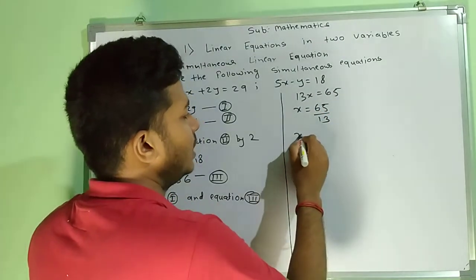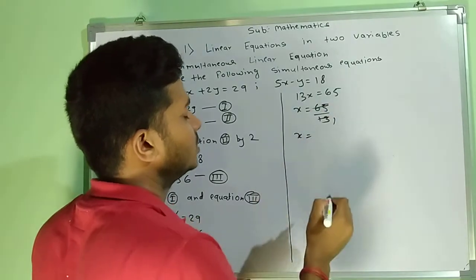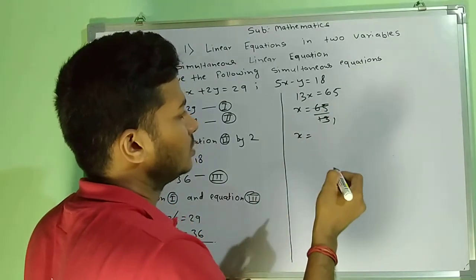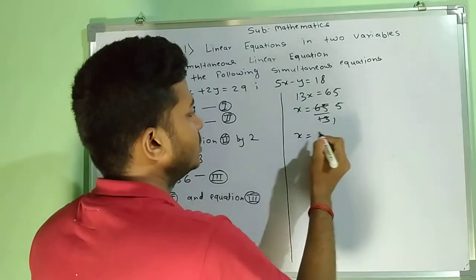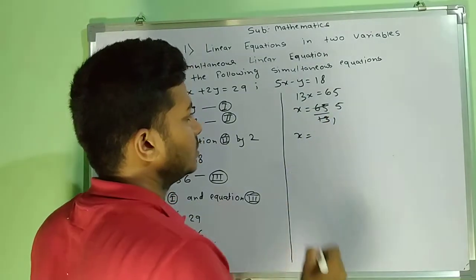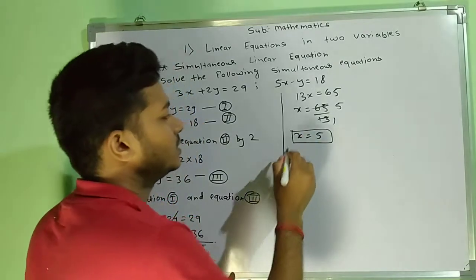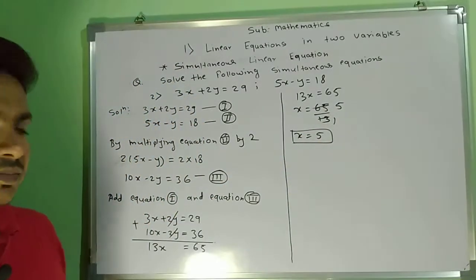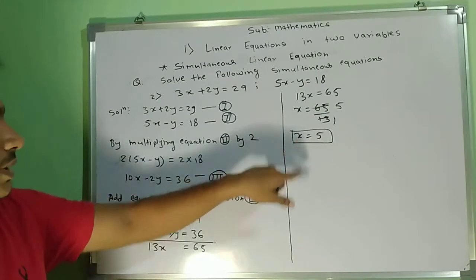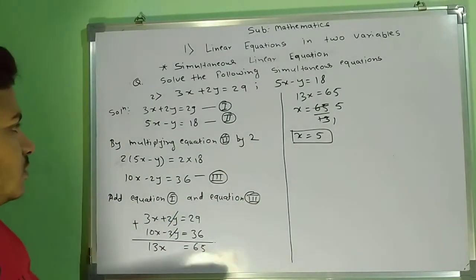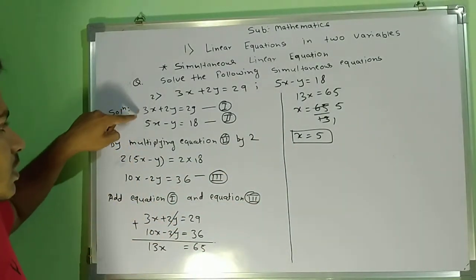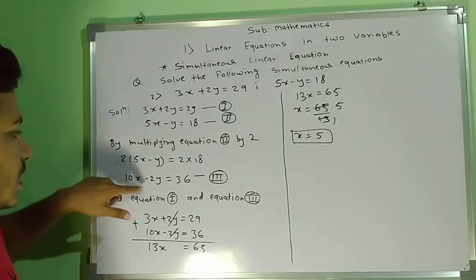So x will be equal to, 13 1s are 13, 13 5s are 65. So we got the value of x as 5. Now we have to substitute that same value in any one of the equations, either in equation 2 or equation number 3.